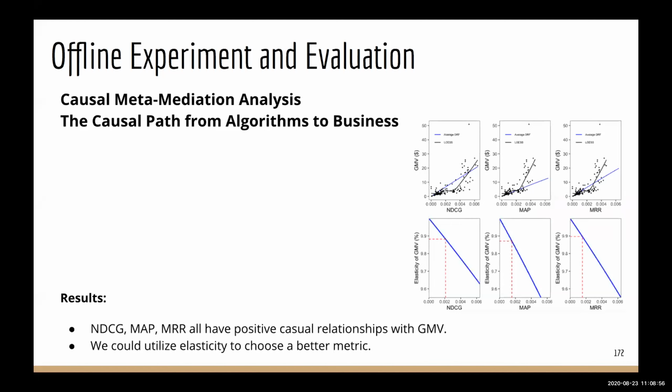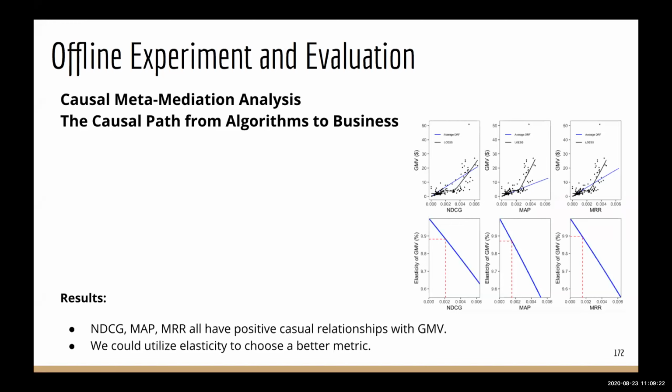Okay, so meaning if you improve NDCG and MAP and MRR in a certain way, they can indeed translate to the dollar value of the GMV we care about. So that is one. Second, the relationship is not linear. This is also nice, because if it were linear, then it would be too easy.